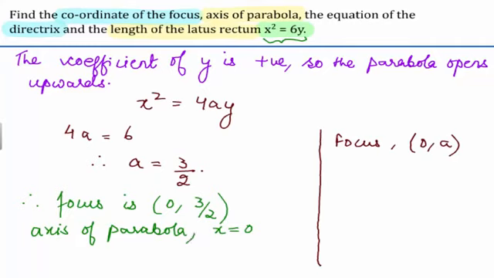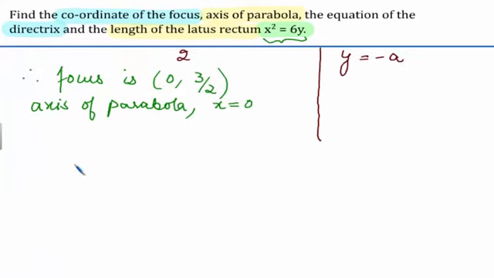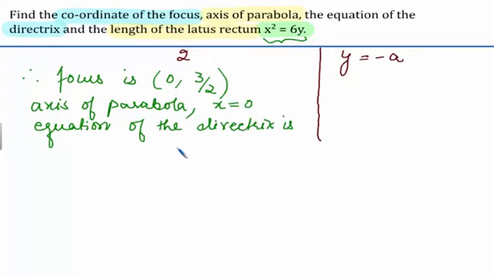Now, we have to find the equation of the directrix, and we know that the equation of the directrix for this type of a parabola is y is equal to minus a. Therefore, here the equation of the directrix is y is equal to minus 3 upon 2, and finally we have to find the length of the latus rectum, which is given by 4a.